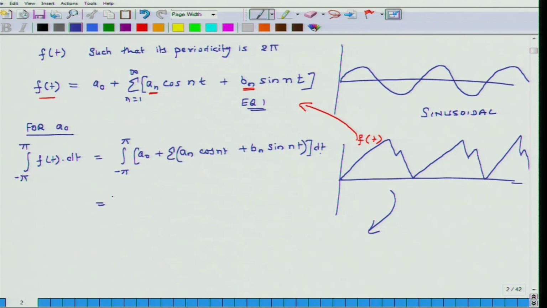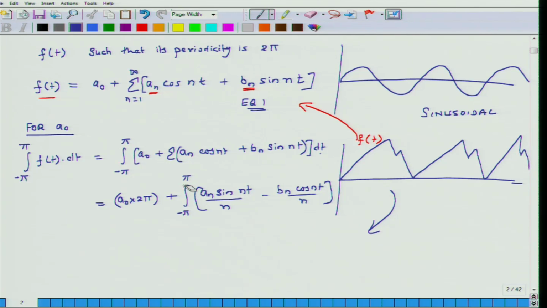So this tells me that I get a naught times 2 pi plus a n sine nt divided by n minus b n cosine nt divided by n.